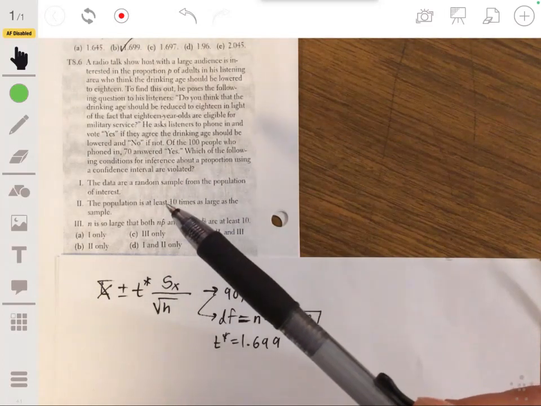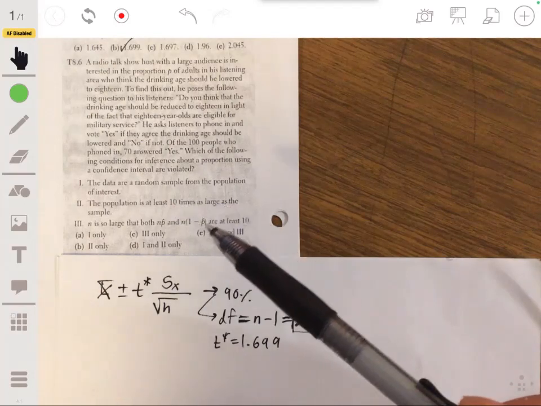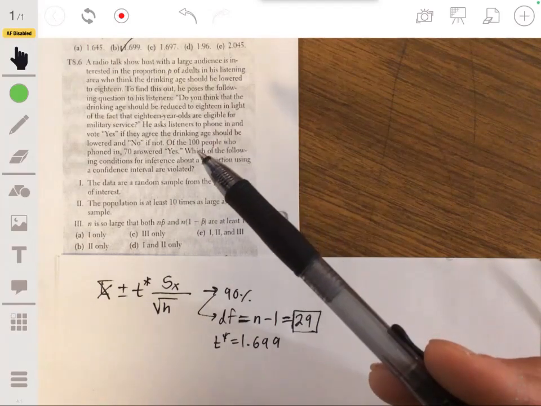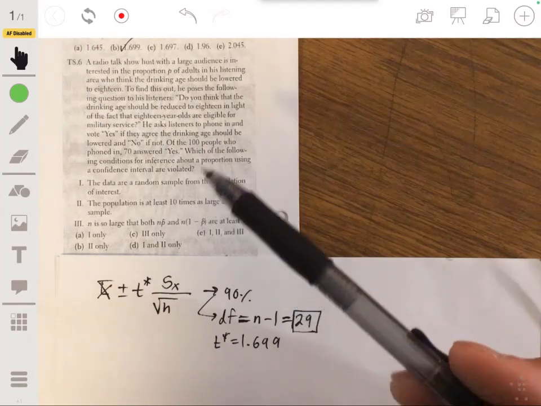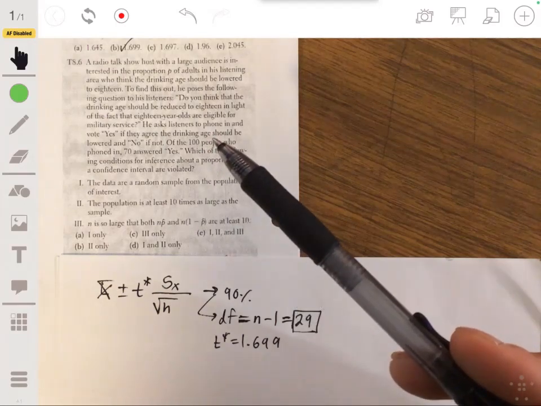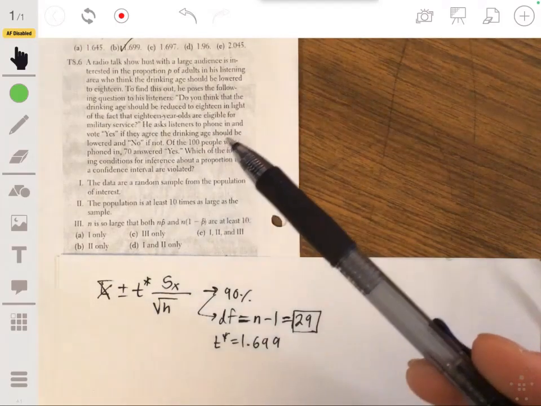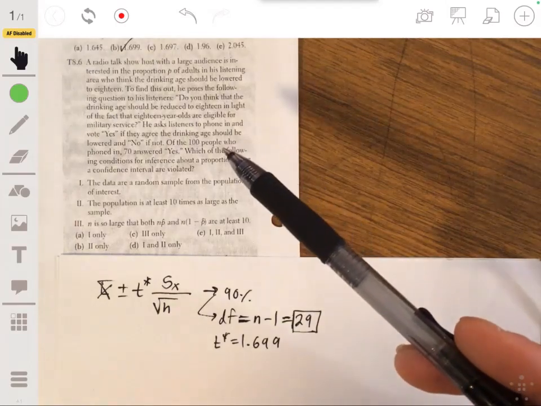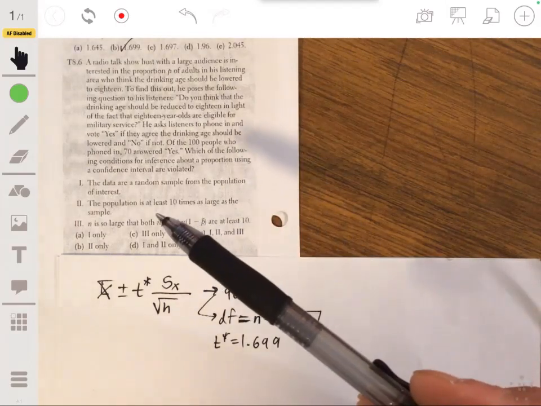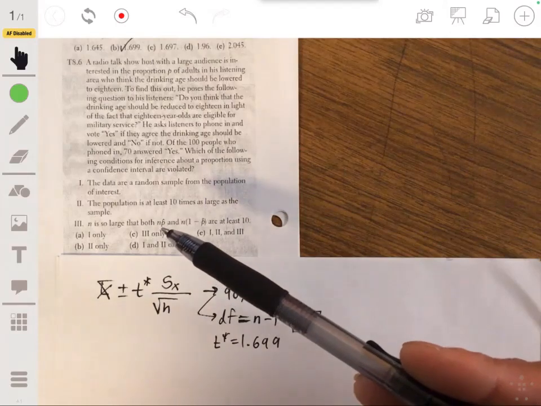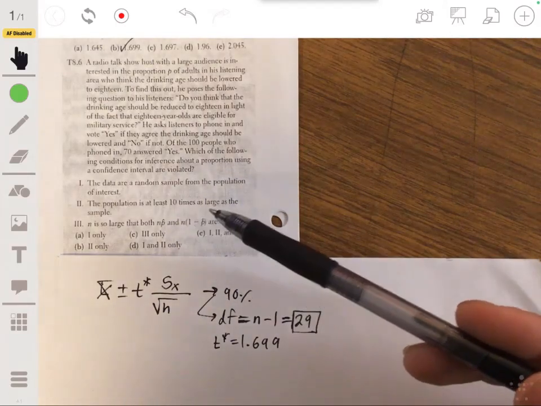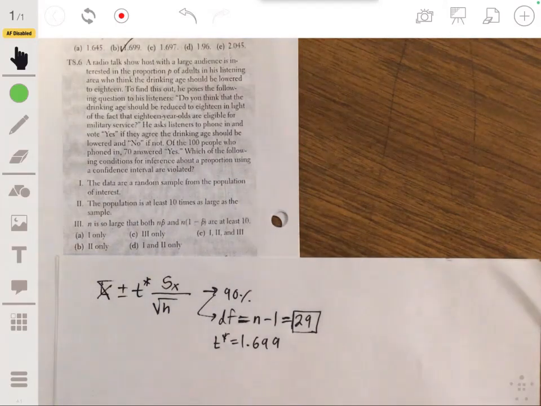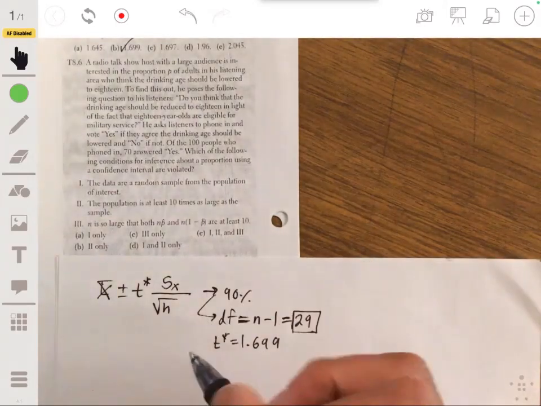Now let's look at 2. The population is at least 10 times as large as the sample. 100 people phoned in, so the population would have to be at least 1,000, and that for sure we can definitely say, so that's met. 3: n is so large that both n times p hat and n times 1 minus p hat are at least 10. So let's find out what p hat would be.